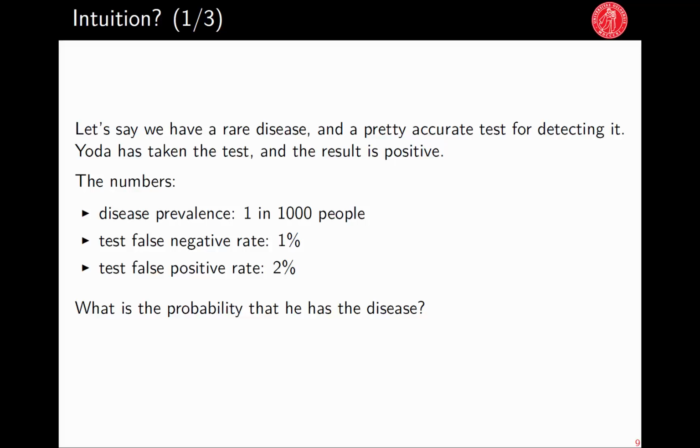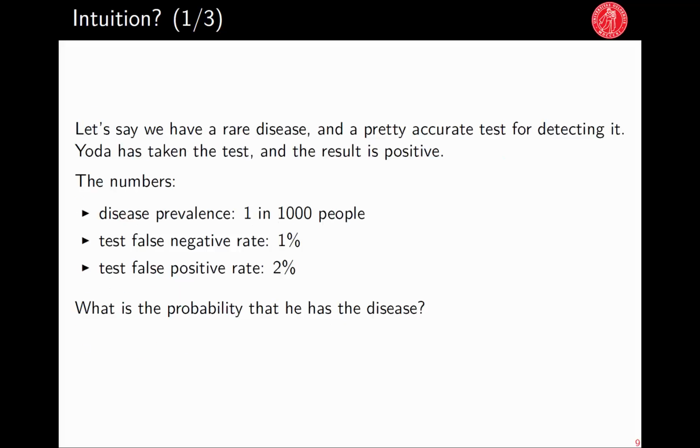Putting yourself into Yoda's shoes, do you see how, in making that judgment, it's important to take into consideration the probability of the disease, how many people actually get the disease? The disease is not very common after all. And the accuracy or the reliability of the test.